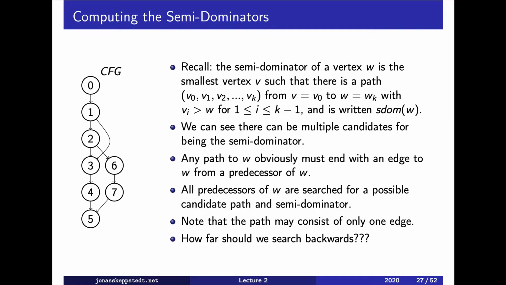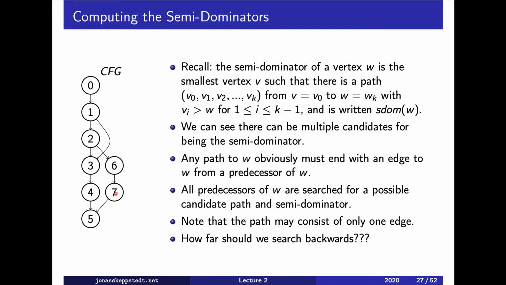We process the vertices to find the semi-dominator starting with 7, and we find that it is number 6. Then we process number 6 and find that its semi-dominator is 2. Then we go and find the semi-dominator of 5. That means we have not found the semi-dominator of 2, and we have not set the ancestor attribute of 2 to 1, but we have set the ancestor attribute of 6 to 2.